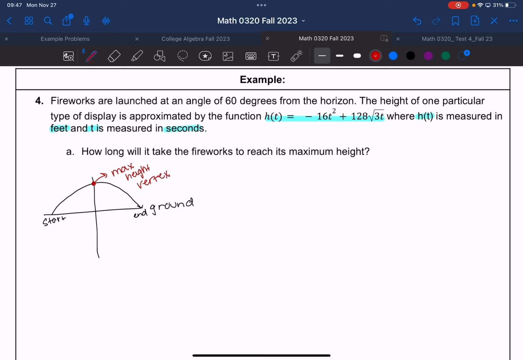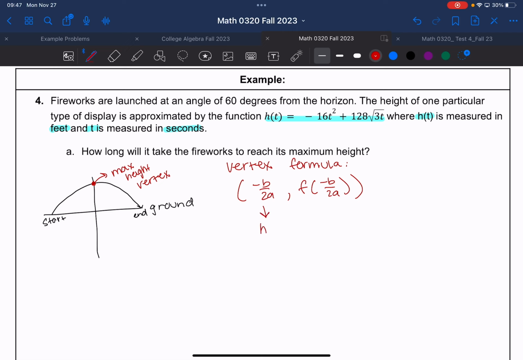Okay. But if we look at that vertex formula, which is negative b over 2a, and then we plug that number into the function, what is this h value going to represent? Because remember, this first term is h in our vertex.